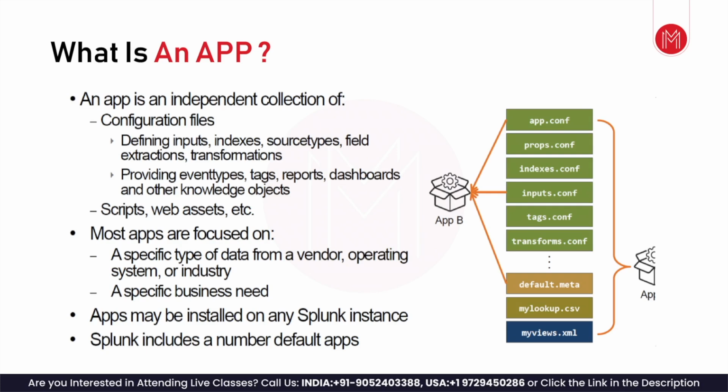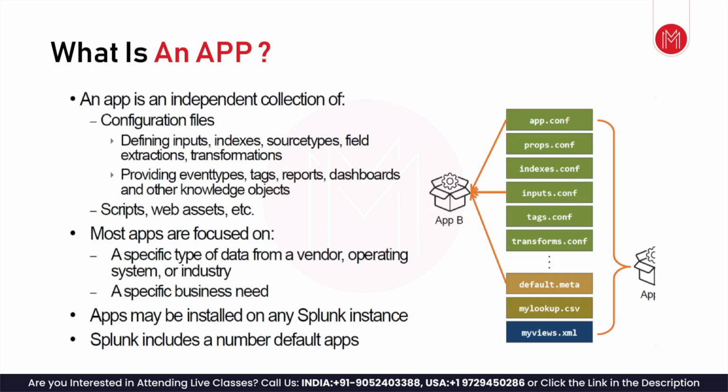Now, what is an app? An app is an independent collection of configuration files. That means whatever configuration files are required for that specific application will be present. Defining inputs, indexes, source types, field extractions, transformations, and providing different event types, tags, reports, dashboards, and other knowledge objects, all are present in the application.